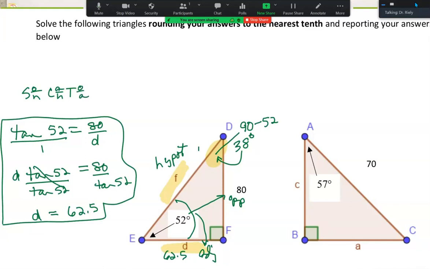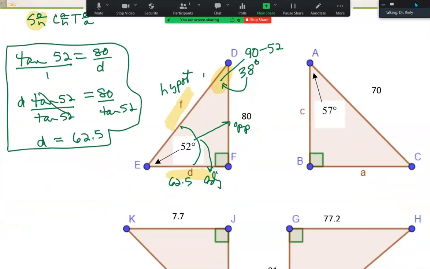I'm instead going to use what? You should be saying it out loud already. You should be using sine, right? So I can say the sine of 52 equals 80 over the hypotenuse.